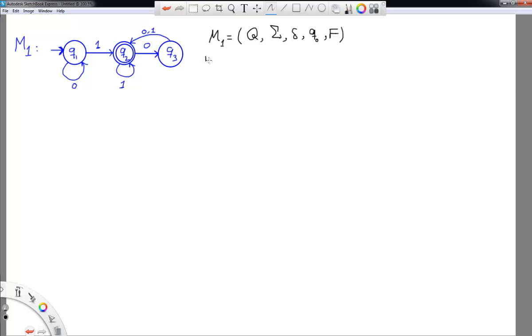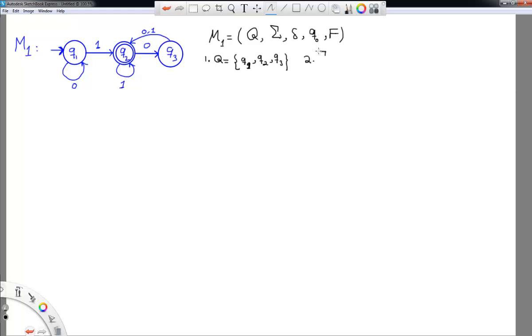First, Q. Q is a finite set, and in my case, it has 3 elements in it: Q sub 1, Q sub 2, and Q sub 3. 2.